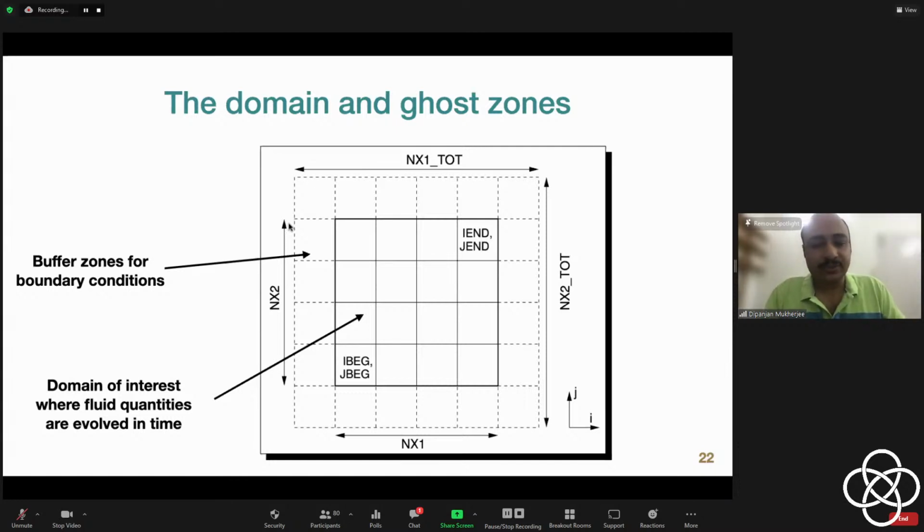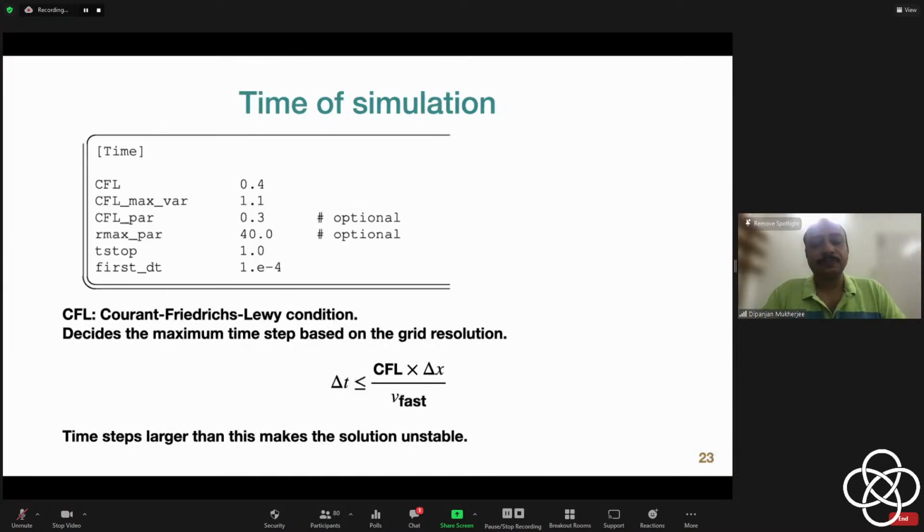So the accuracy of the scheme, if you have a third order accurate scheme, you might sometimes need 2 cells here because for the end point, you need 2 cells over here. So when you actually initialize PLUTO, you have to initialize both the boundary as well as the internal domain. But the major computation will be performed in the internal domain, and you have to also provide a boundary condition, as you'd all know from your solutions of differential equations.